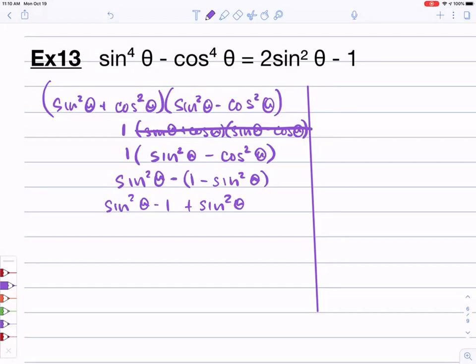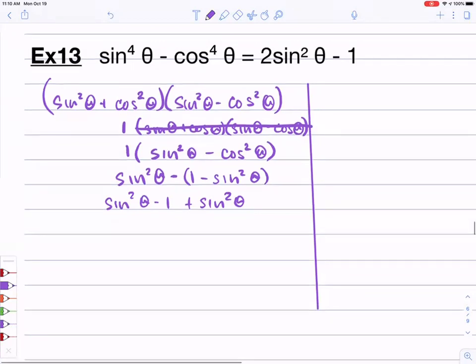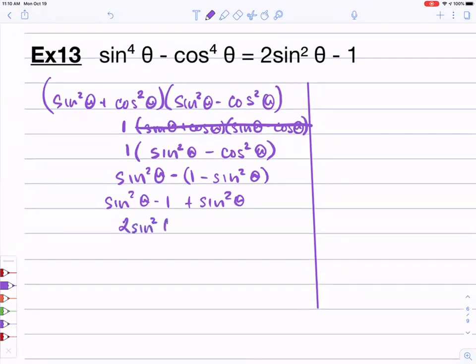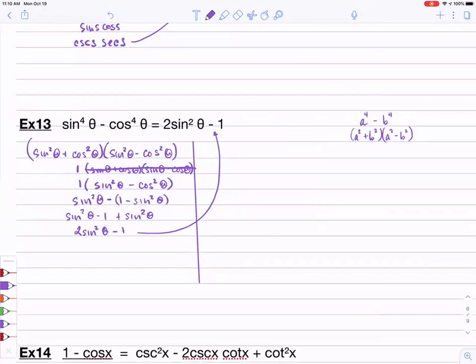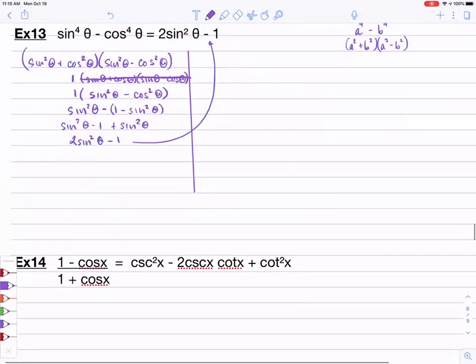Yeah, combine like terms. Sine squared plus sine squared is 2 sine squared. And now it's the same as the other side. Any questions on that?